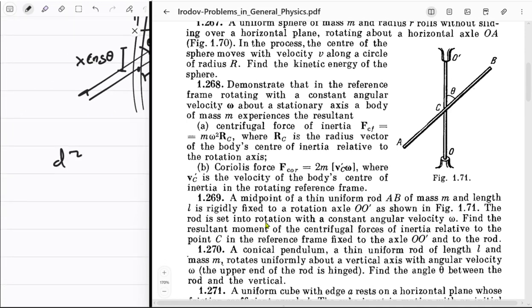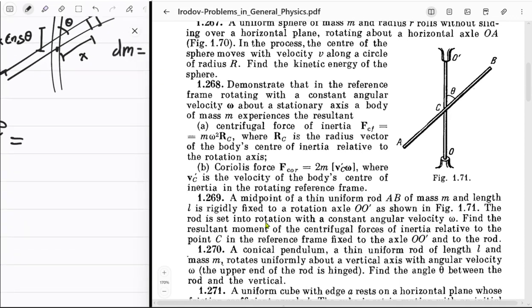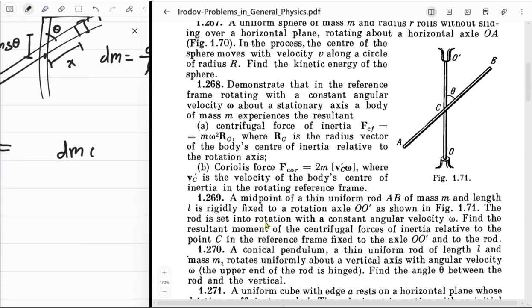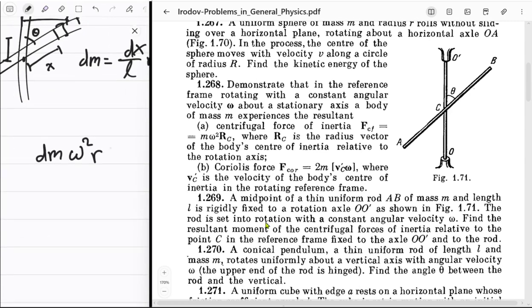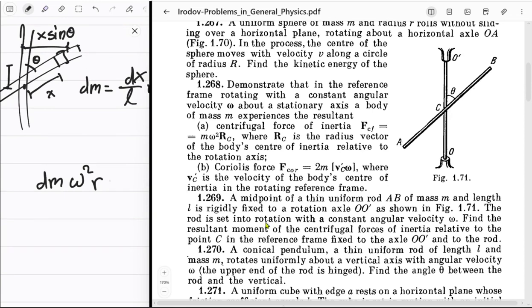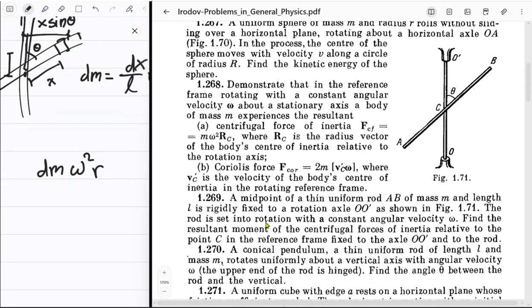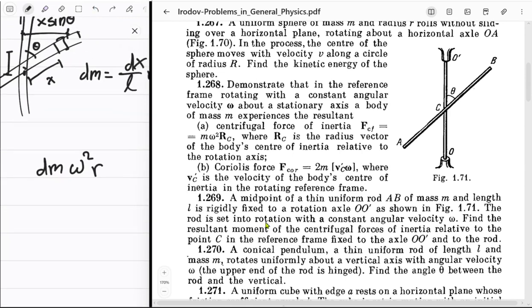What's d tau? This is going to be equal to what? What's the force? First of all, just dm omega squared r. So r is basically this guy, and that times, so about this point, right? So just gonna do this guy, sure, and everything you're doing is just anti-clockwise as seen.